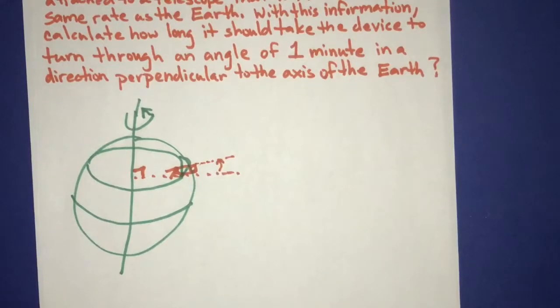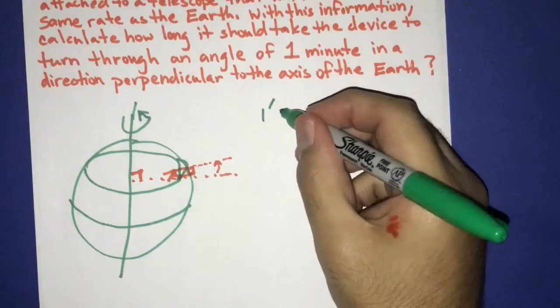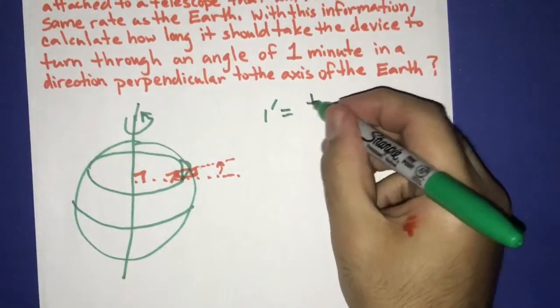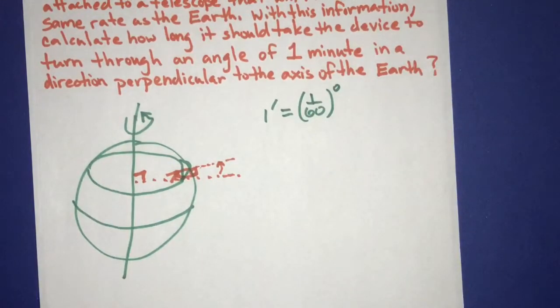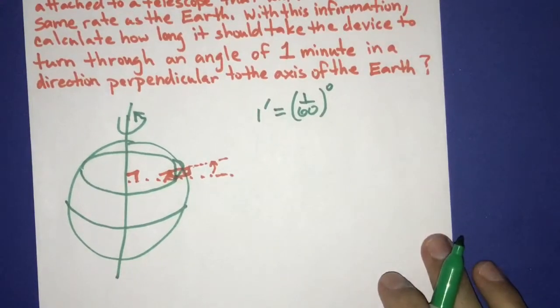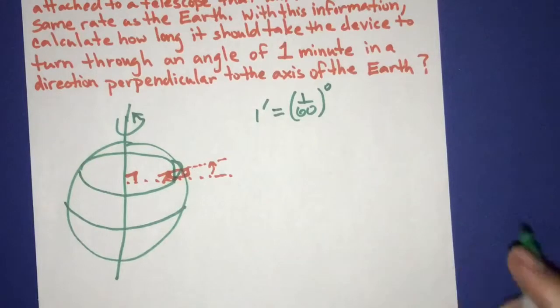Okay, and so let's go ahead and think about what conversions we could use for this problem. So let's remember that 1 minute equals 1/60th of a degree. So we're going to need this conversion. And we also have to know the angular speed that the Earth is rotating at.